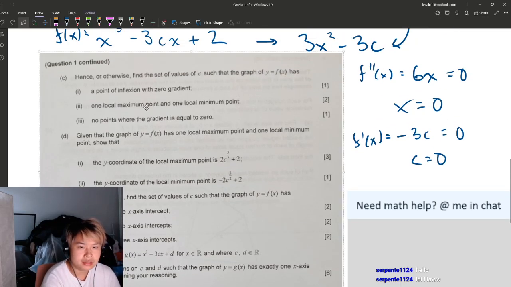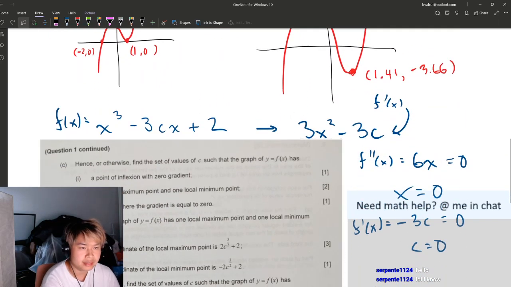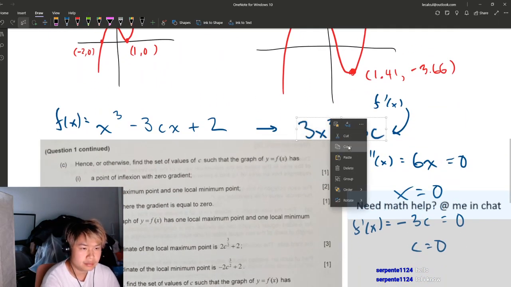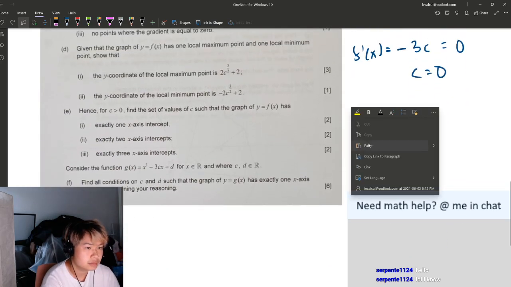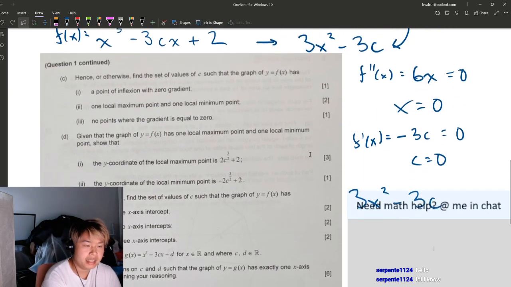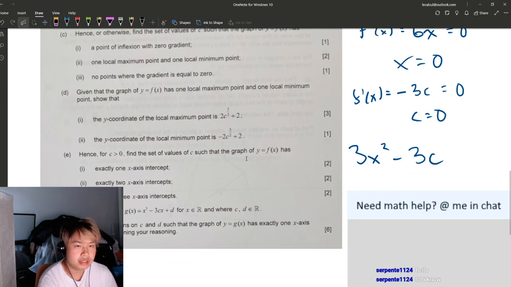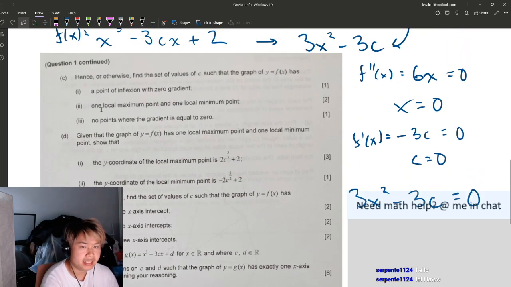Okay, one local maximum point and one local minimum point. So what we have is, here's my derivative, and we need to find out when this is equal to 0. And we want to make sure that we have one local maximum point and one local minimum point.